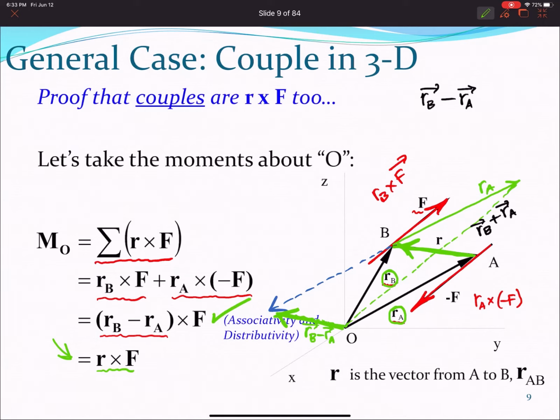And hold on to that thought. What if, and this is something really magical, what if I have two vectors floating in space? What if I could calculate the moment that these two forces have about point O or about any other point, because we saw that couples generate the same moment everywhere.